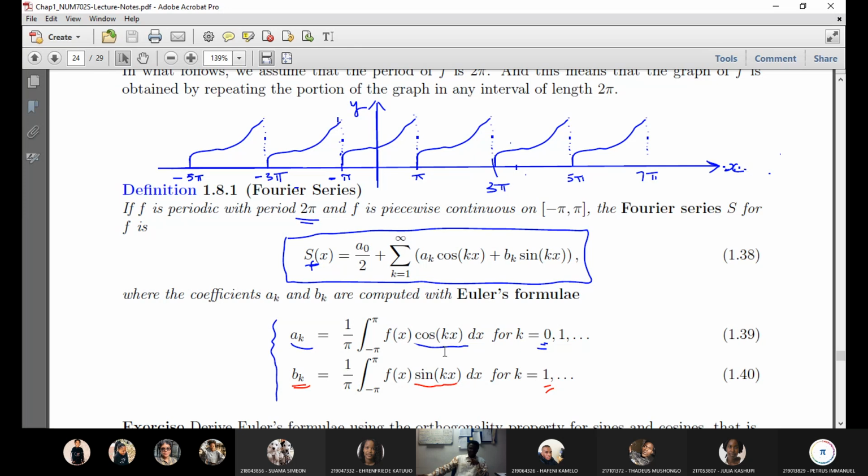As you can see, k runs from 0, 1, 2, 3 up to infinity for ak, but for bk, k runs from 1, 2 up to infinity because b0 is not defined.